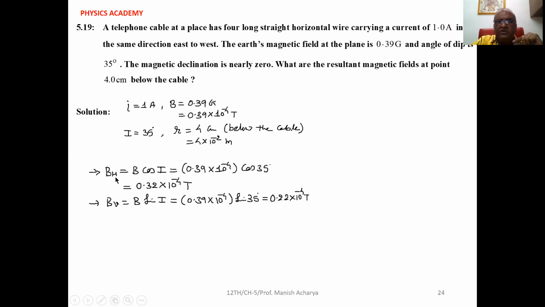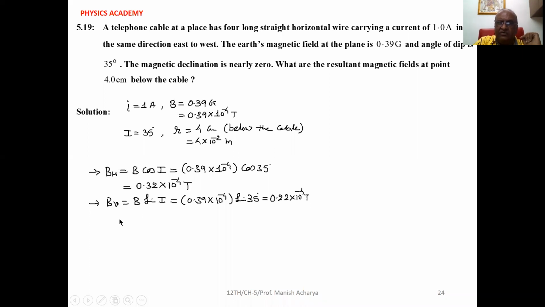horizontal component of Earth's magnetic field that is B cos I here. Earth's resultant field is given to you, not horizontal component. So first of all, horizontal component that is B cos I. 0.39 into 10 raised to minus 4 cos 35, solve it, you will get answer 0.32 into 10 raised to minus 4 Tesla.